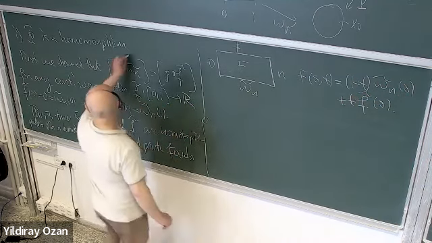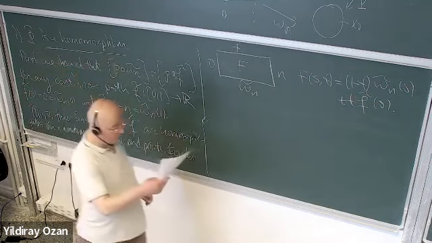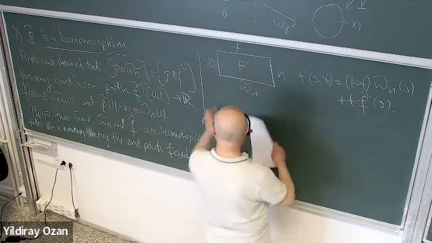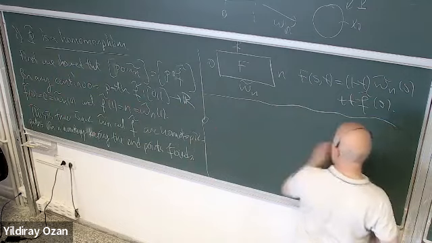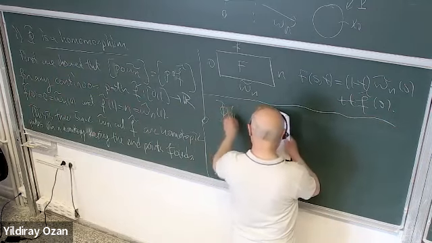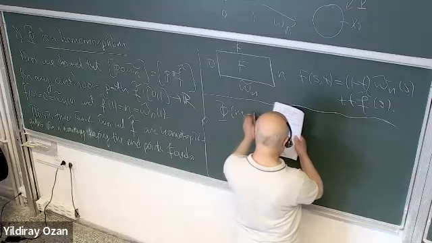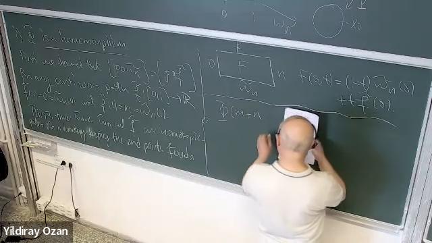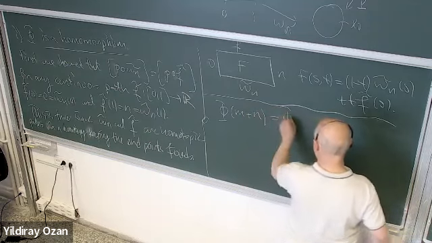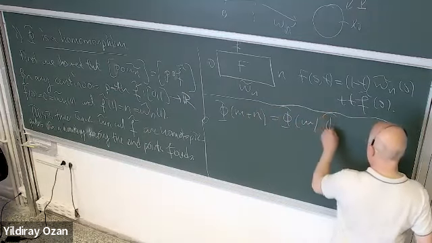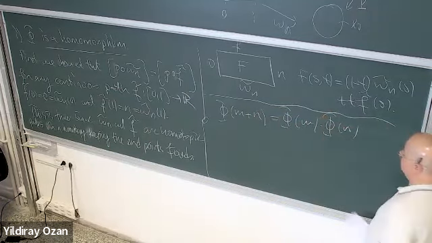Okay, now to show this is a homomorphism, we may proceed as follows. So I just write this. We have to prove this is equal to this product. Here, this is the product of homotopy classes.